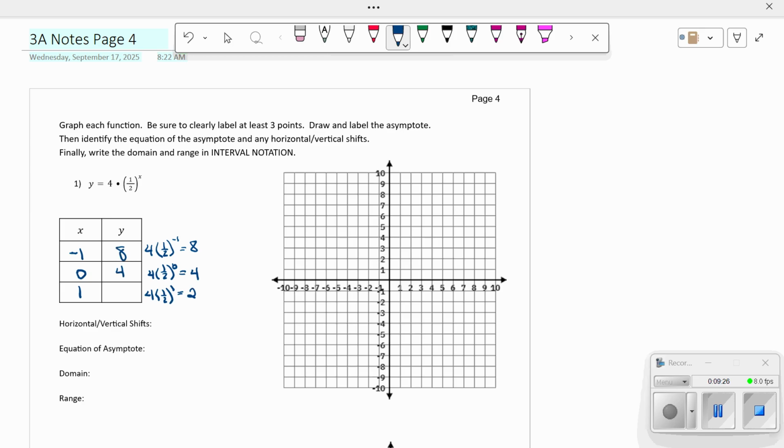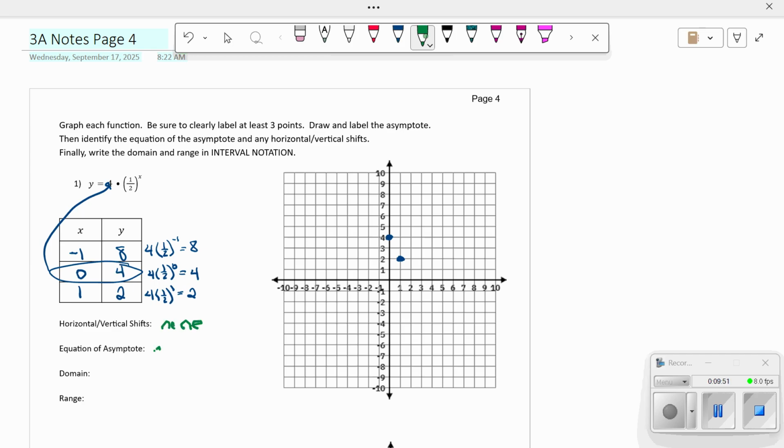Now, looking at this right away, I know my y-intercept should be at 4. It told me that from the start. And I know my 1 is A times B, so 4 times 1/2 is at 2. So I have these points, and it doesn't have any shifts left to right.